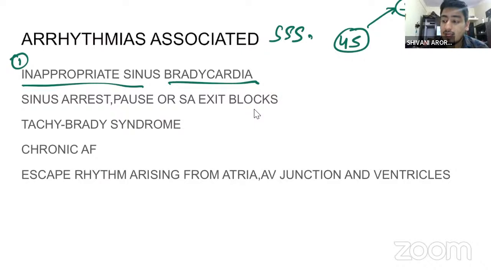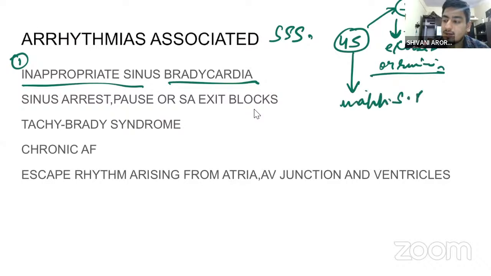So if this person is doing exercise or running, then the heart rate should definitely increase to compensate for the increased load. But if the patient is having resting bradycardia and the heart rate also doesn't increase when the requirement of the body is increased, as in exercise or when the person is running, then this is known as inappropriate sinus bradycardia, or this phenomenon is known as chronotropic incompetence.